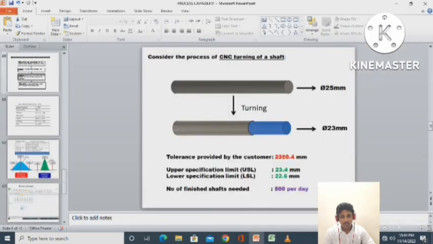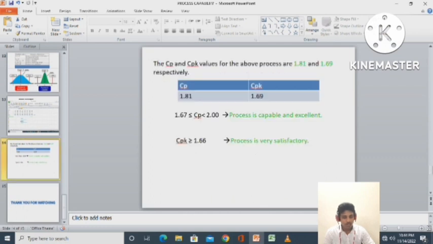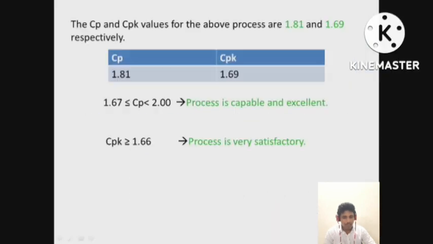What do these values infer? We go back to the slides. Here we got our CP value as 1.81 and CPK value as 1.69.